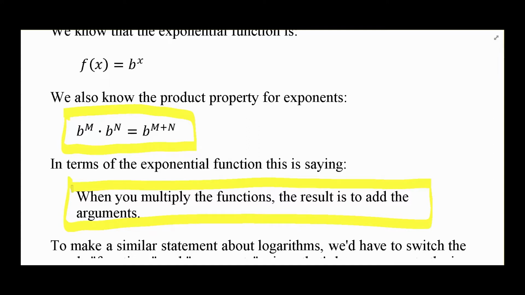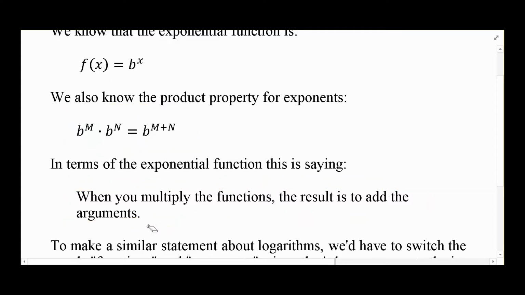When I multiply the functions, the result is to add the arguments. Now when you look at that, I want you to notice the word function: your function value is your y value. Your argument, or what you're plugging into the function, that's your x value.